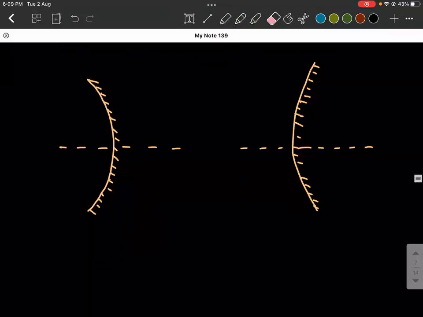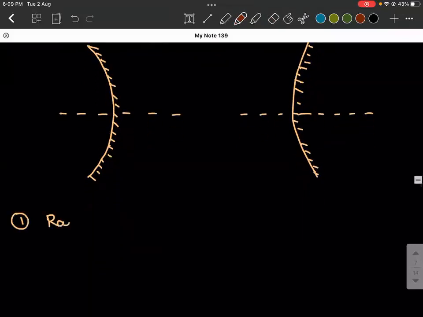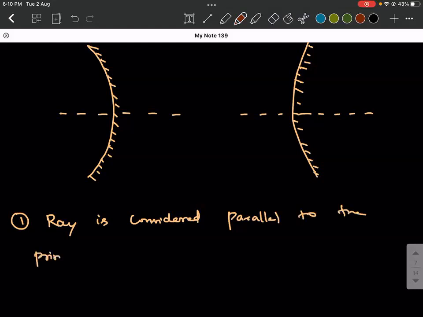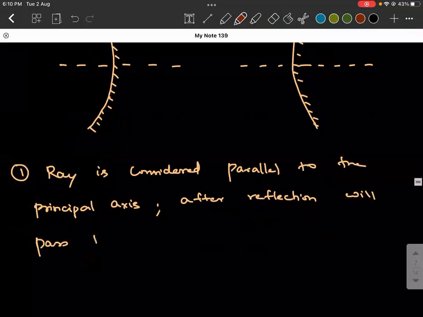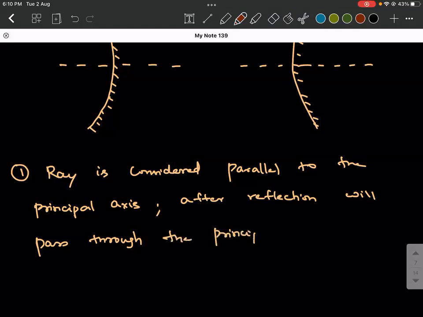So first is, when a ray is considered parallel to the principal axis, after reflection it will pass through the principal focus.